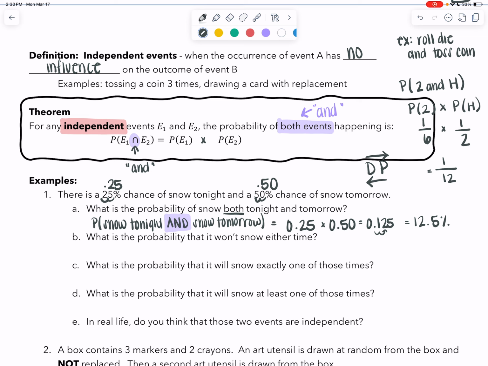All right, so now it says, what is the probability that it will not snow either day? So either tonight or tomorrow. So the probability of no snow tonight and the probability of no snow tomorrow.